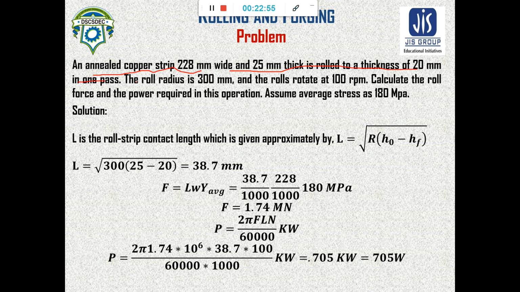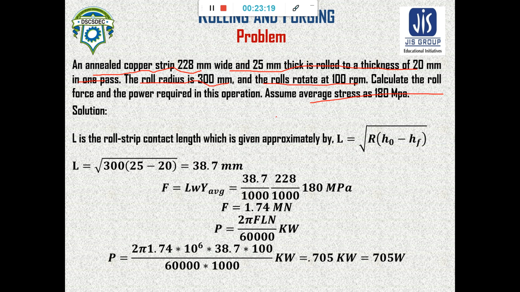That is given. And the roll radius is 300, that means R is also given, and the roll rotates at 100 rpm, that means N is also given, and average stress is 180 MPa, that means Y average is also given.